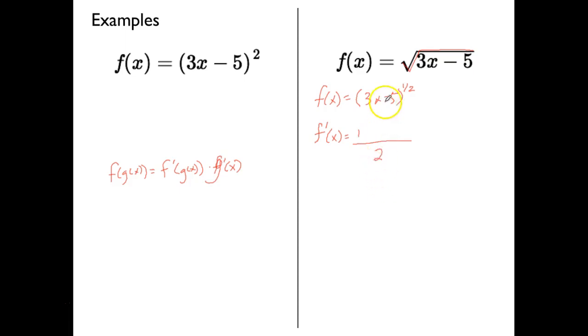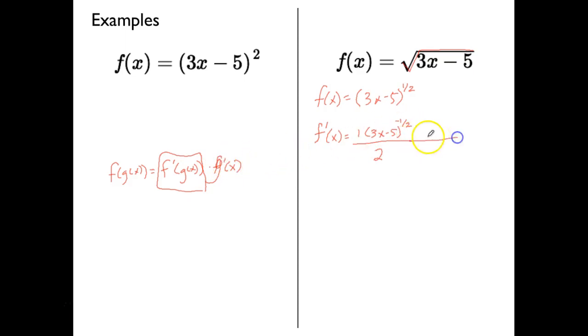We leave the inside alone. Okay, and remember we got to subtract 1 from this. So a half minus 1 is going to be negative 1 over 2. It's my new exponent. That is this portion right here.